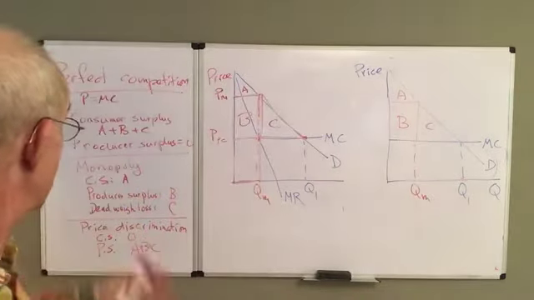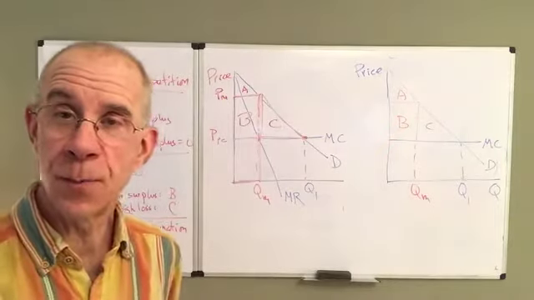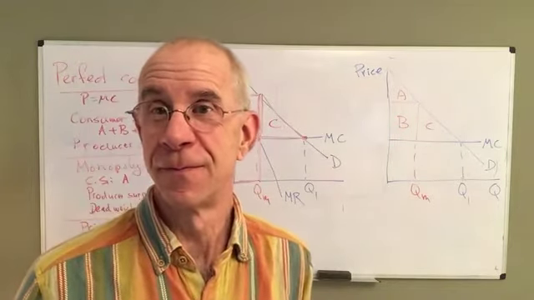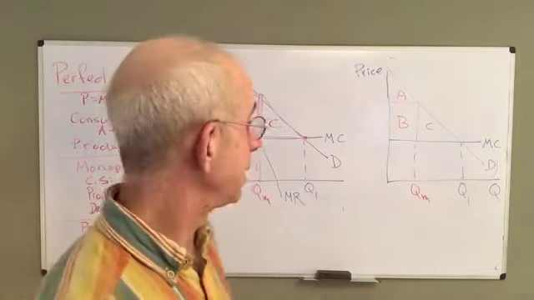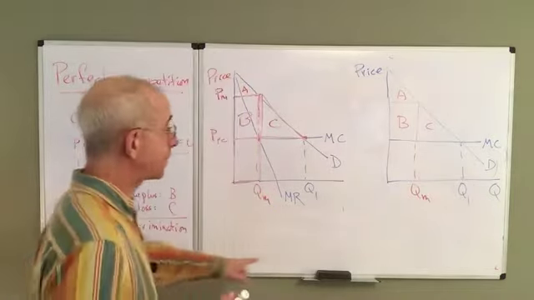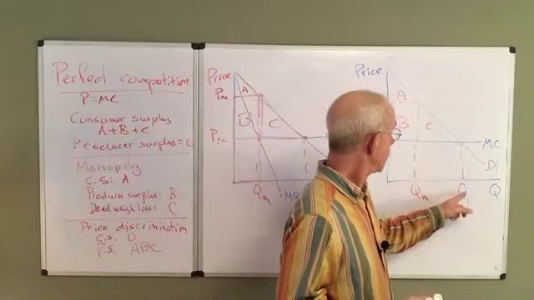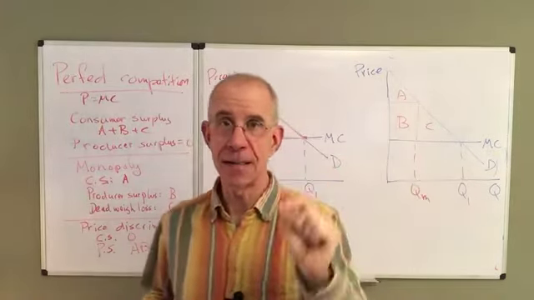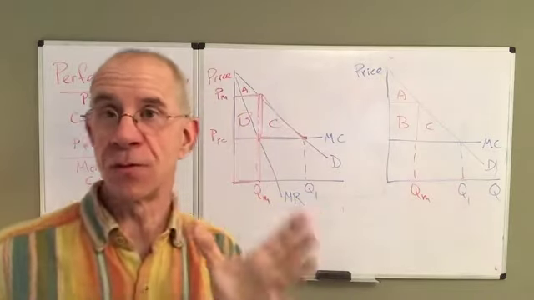Now, one of the things that's noticeable about the price discrimination story, there's actually no deadweight loss. You get the optimal level of output where quantity is such that the final person pays exactly equal to the marginal cost. There's no deadweight loss.